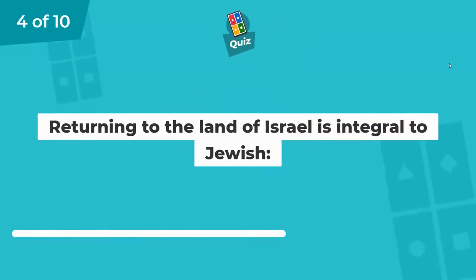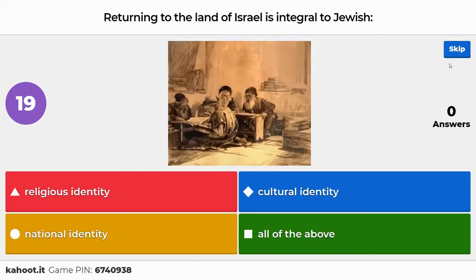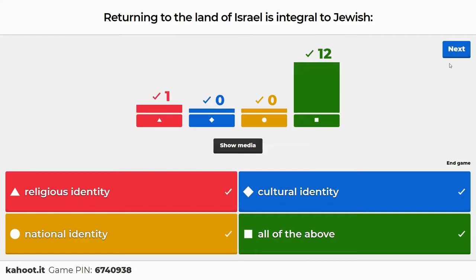Returning to the land of Israel is integral to Jewish practice. The right answer is all of the above, and 12 of us got it right.